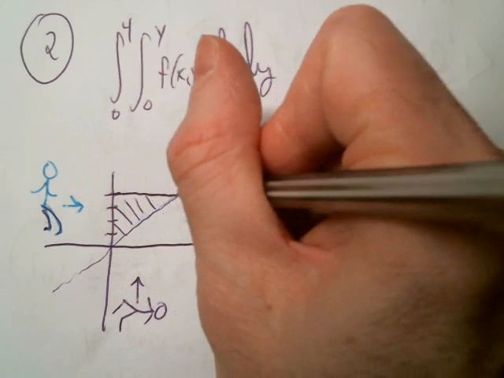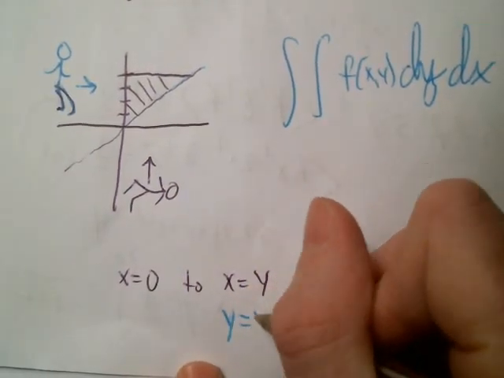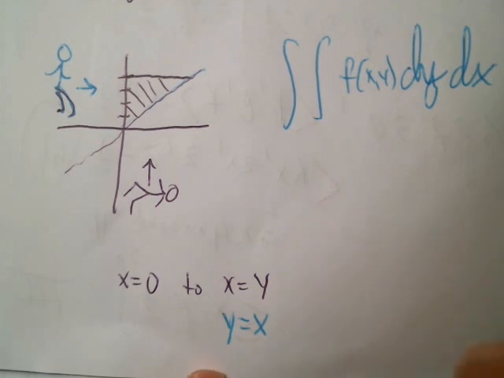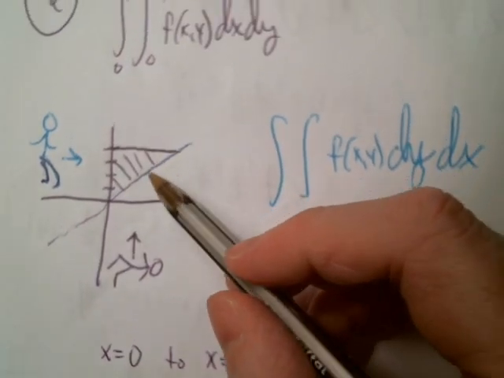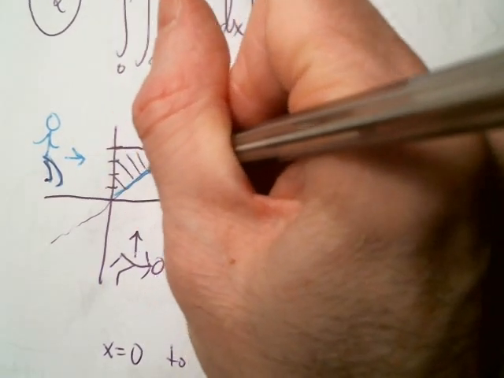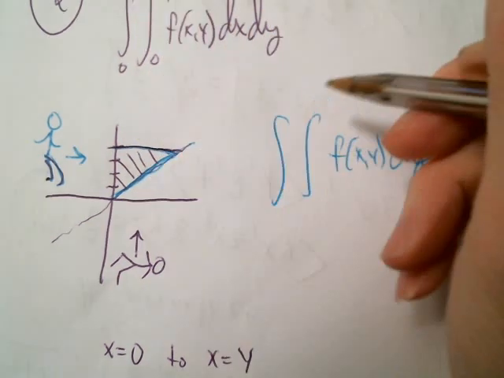So this curve right here originally is x equals y. You just solve for y, and that's easy to do. y is just equal to x. And then the other curve. So think about it. I'm going from this curve to this curve. So this curve is y equals x.